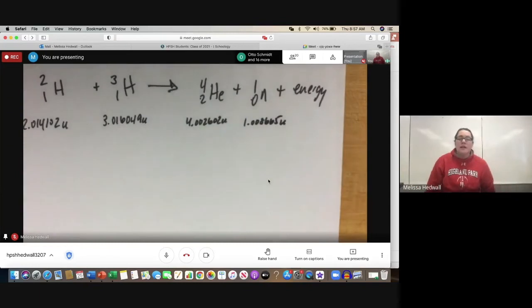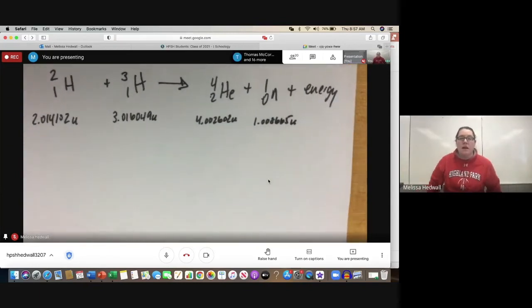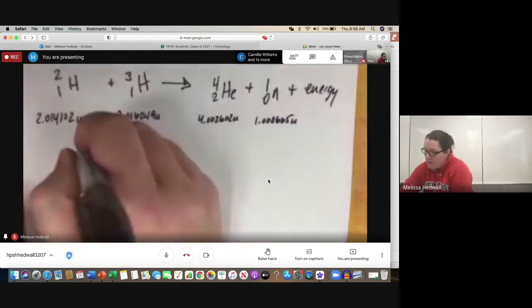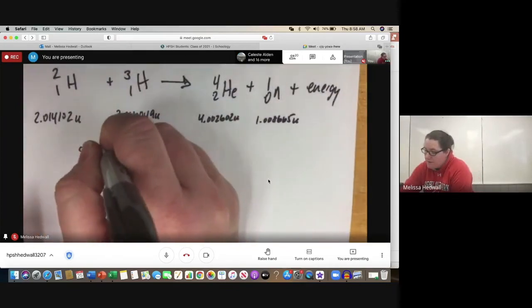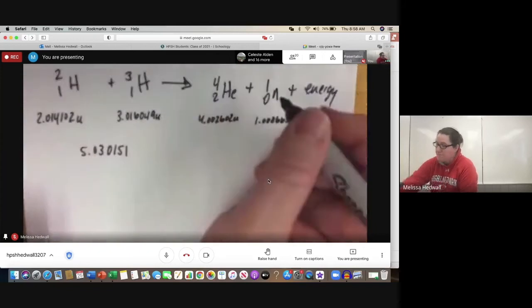And so we're still looking at this same process of adding these up. If I add these two numbers, 2.014102 plus 3.016049, I get 5.030151.